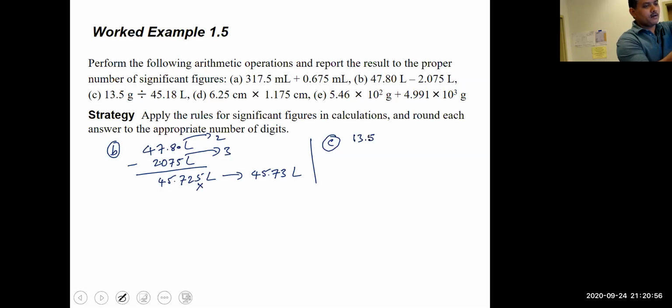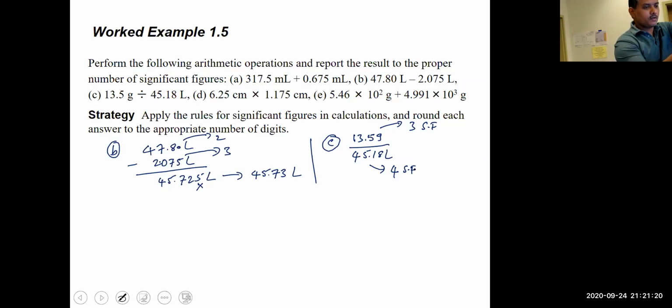13.5 grams over 45.18 liters. The top number has 3 significant figures, the bottom number has 4 significant figures. Because 3 is smaller than 4, my final answer is going to have only 3 significant figures.